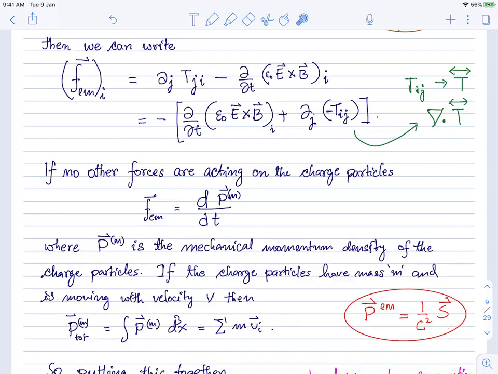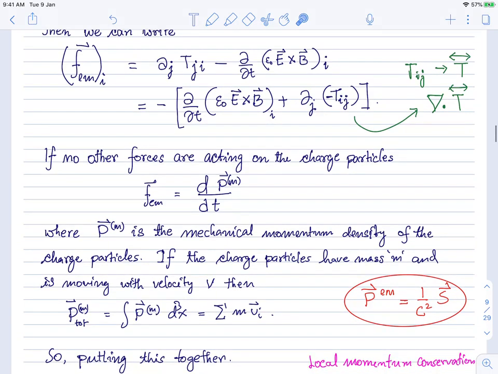This is because the factors of epsilon naught and mu naught are just different. Other than that, it's just E cross B again. Very good. So these two quantities are identical. The one thing, E cross B, can be interpreted in both ways: as the energy current density, as well as the momentum density.